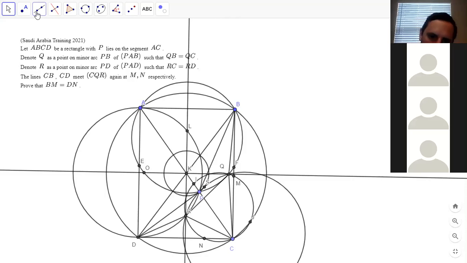KR is equal to KQ, right? So triangle KPR and triangle KSQ are congruent. So therefore, angle SKQ will be equal to angle PKR.